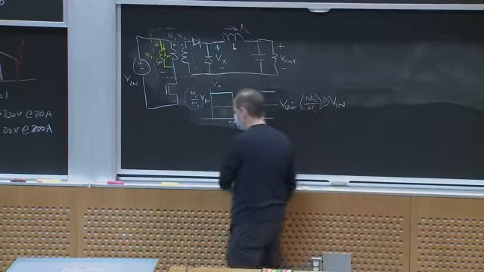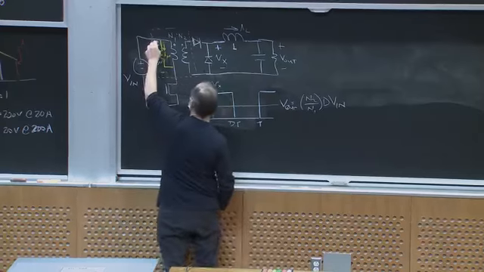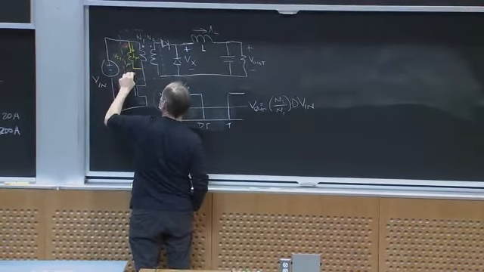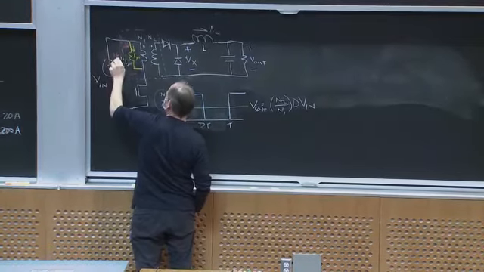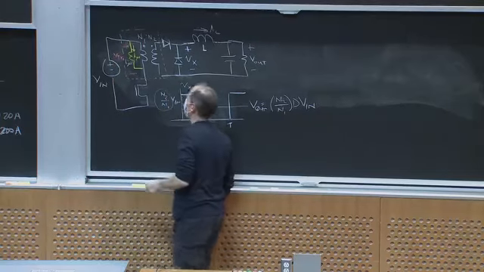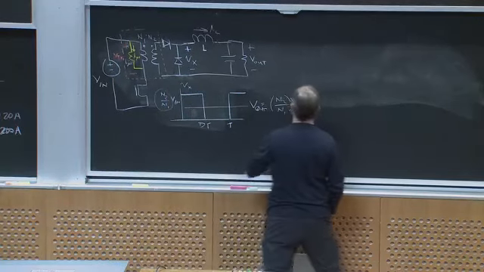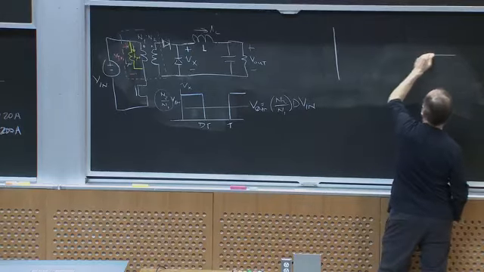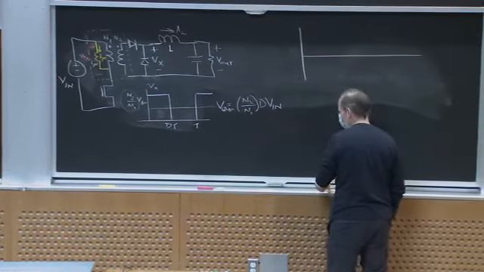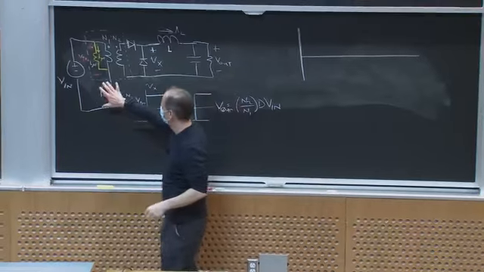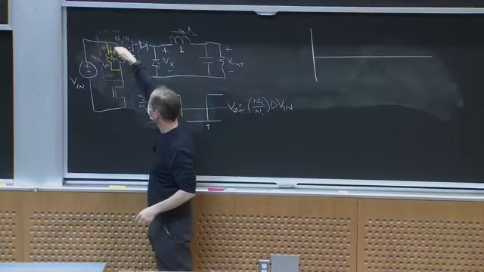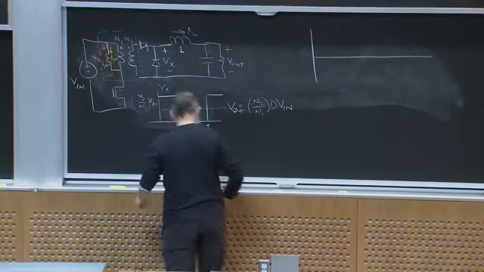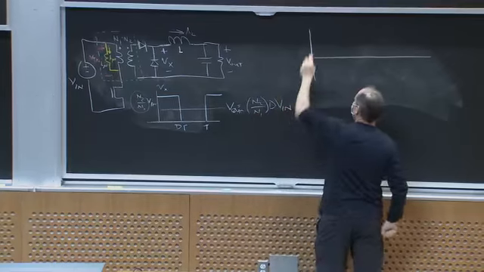Let me call this V mu 1. Okay, that's the voltage. So what does that look like? And then let's think about what the magnetizing current looks like. In the first part of the cycle, I turn the switch on, and I'm applying Vn as V mu 1. So here's V mu 1.